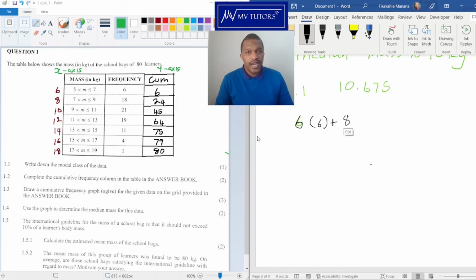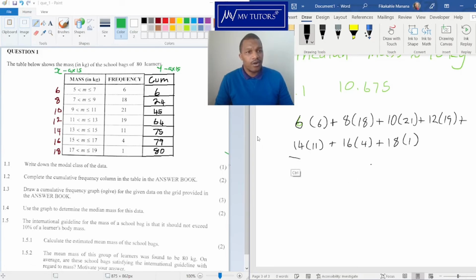And then the next one is 8 times 18 plus 10 times 21 plus 12 times 19 plus 14 times 11 plus 16 times 4 plus 18 times 1, and all of this should be divided by 80.